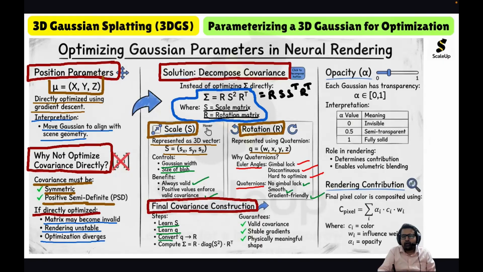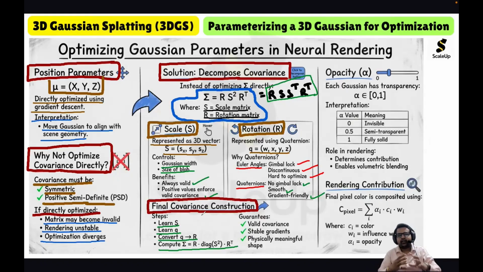Then we have to convert Q into R, the rotation matrix, and then compute the covariance matrix using this formula, R S S transpose R transpose. In this way, we are able to optimize the covariance.